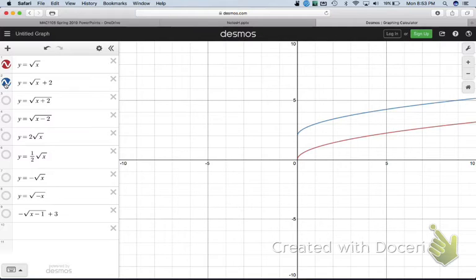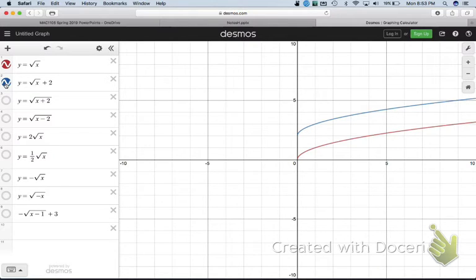That graph moved up 2. So when we're looking at f of x plus 2, the square root of x plus 2, it takes that original parent function graph and it moves it up 2. This becomes so important because if we know what the parent function graph looks like, then we know, oh, it's the same as my parent function, but I just have to move it up 2.